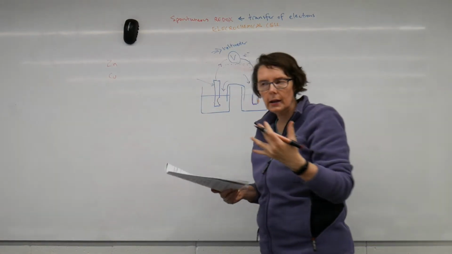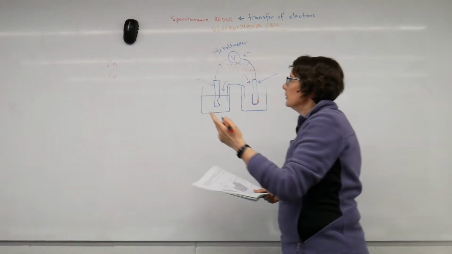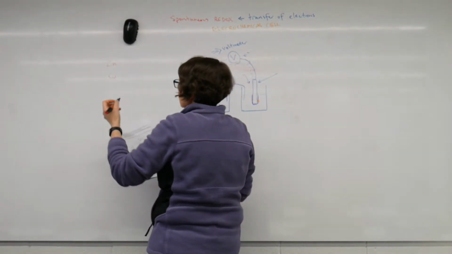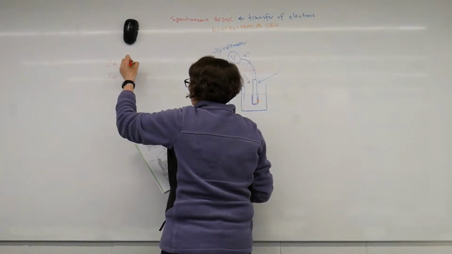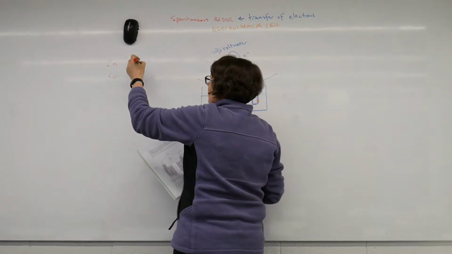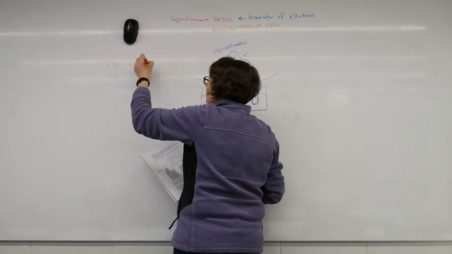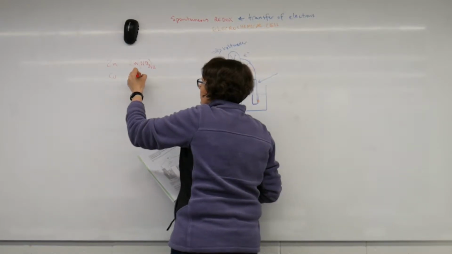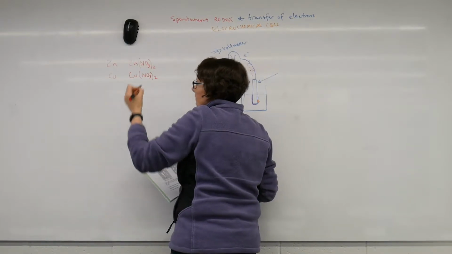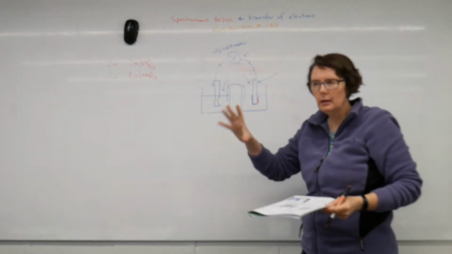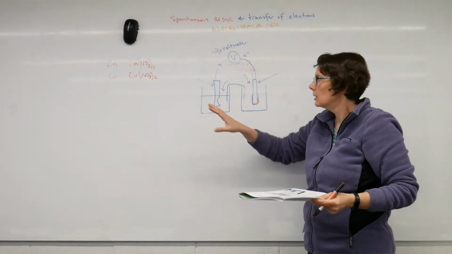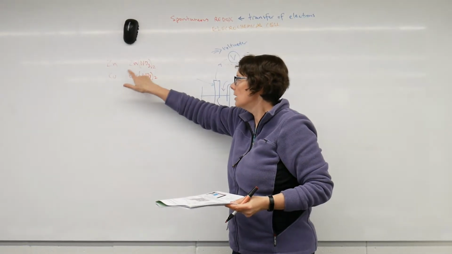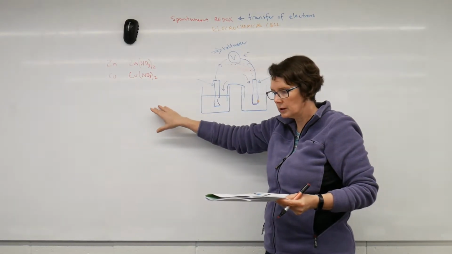So again, like I said before, the zinc would be in a zinc solution, which could be a zinc nitrate, for example. And the copper is also going to be in a copper solution. So that's our two combinations, the zinc with the zinc ions and the copper with the copper ions.